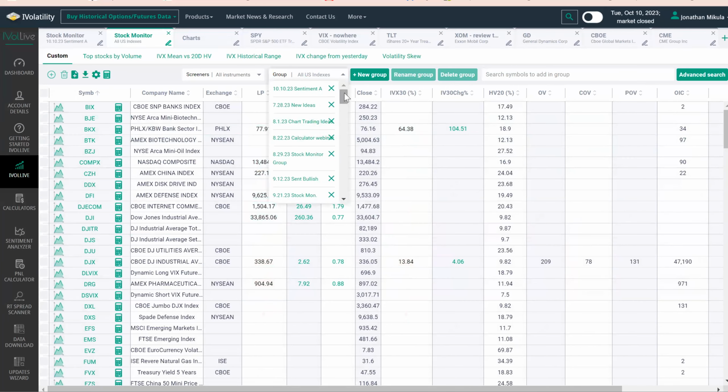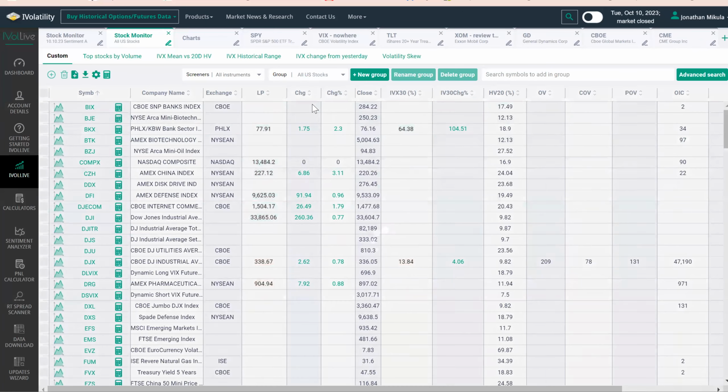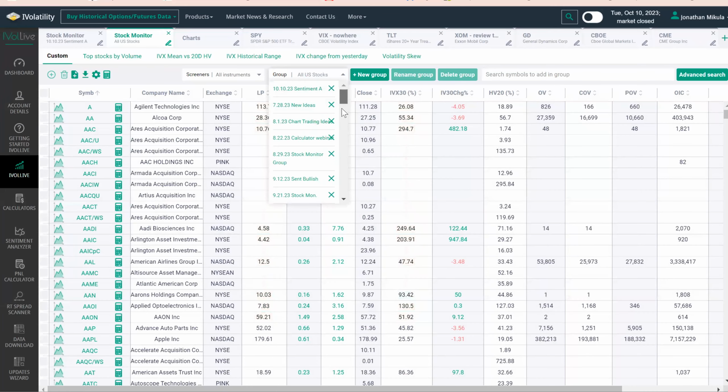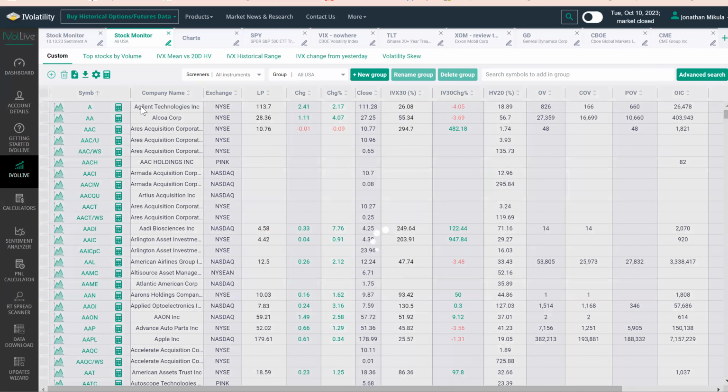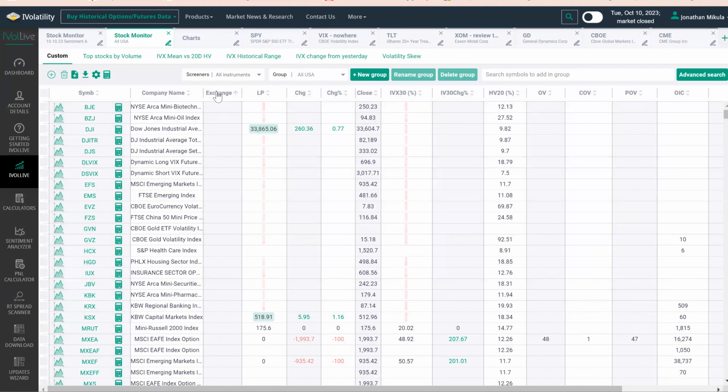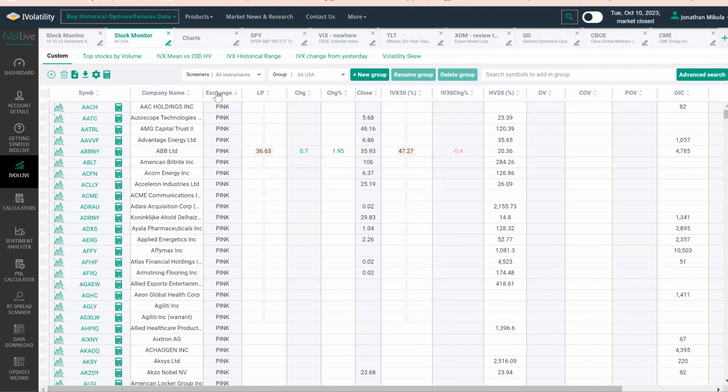And if we did all US, this is just going to give us all the stocks. And if we did all USA, this is going to give us all stocks, all ETFs, and all indices. And then what you would need to do is filter accordingly by exchange.